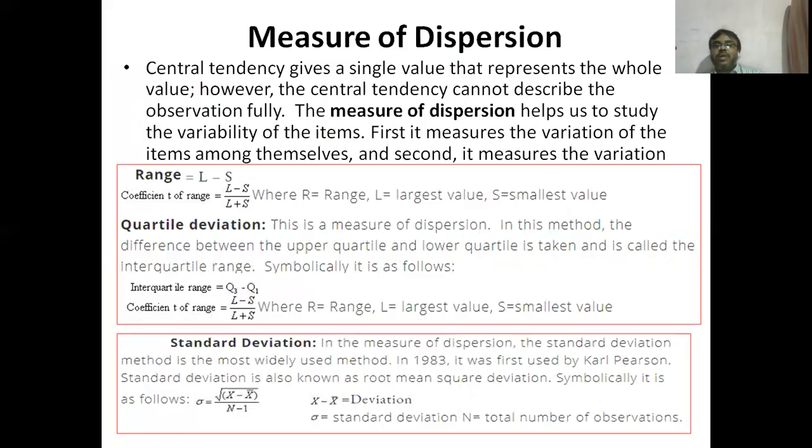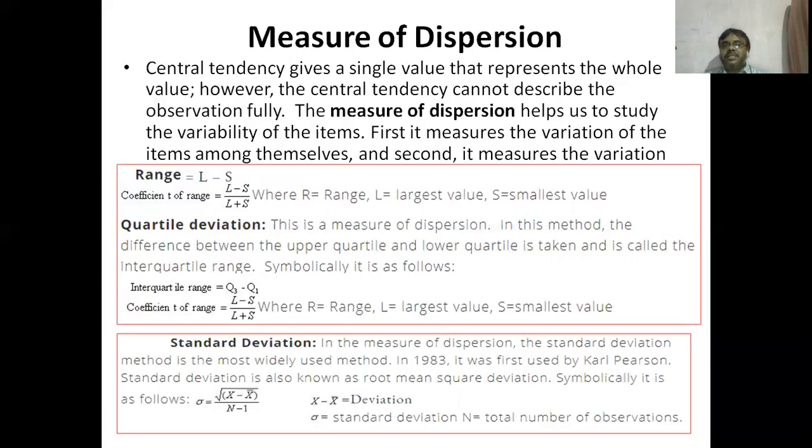Move on rapidly to the measure of dispersion. Central tendency, as I said, gives you a single value which represents the whole set of population. For example, the average height of 10 students will give you some idea that, if this is the average height, then more or less each student will have that height.